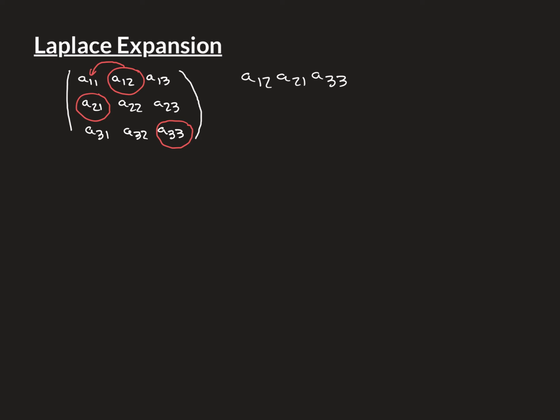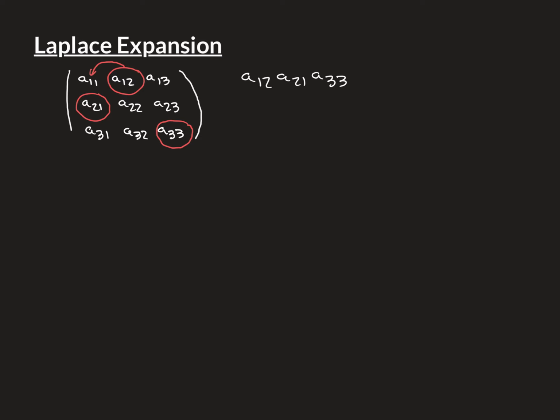So it's really all about, when you have your product here, how badly is it not in a diagonal line? How off diagonal is this selection of things that you're multiplying together? And how many of these corrections, these switches, are you going to have to make to get them all sitting on a diagonal line? That's really what the parity of the product, whether it's an odd or an even product, means, and whether it has a plus or a minus sign in the formula for the determinant.